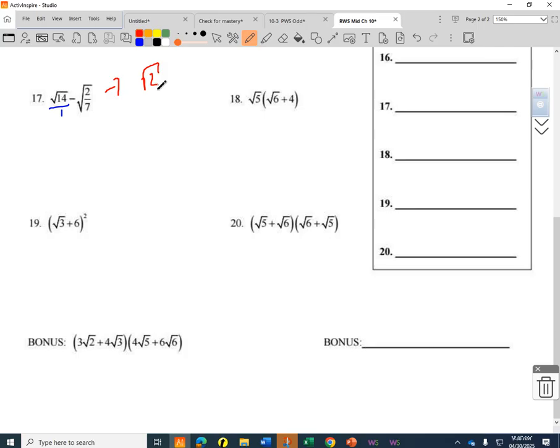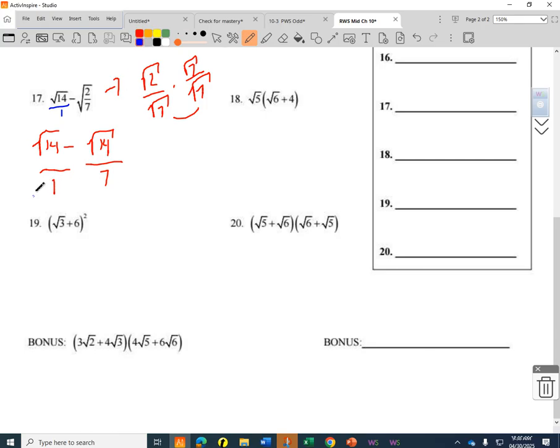Square root of 2 over square root of 7. To get that radical out of the bottom, we're going to multiply by square root of 7 over square root of 7. So now we're going to have the square root of 14 minus the square root of 14 over 7. Does that make sense, Keishan? And so now, the problem we have is, the denominator here is 1, the denominator here is 7.